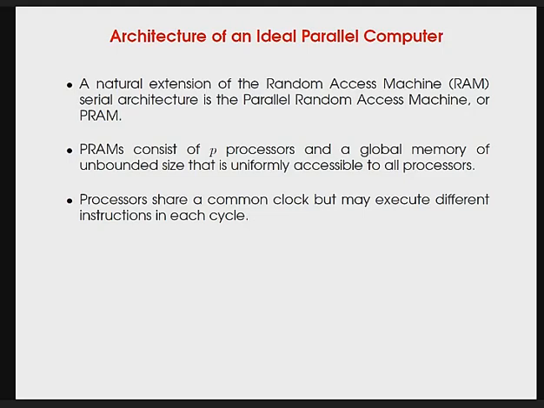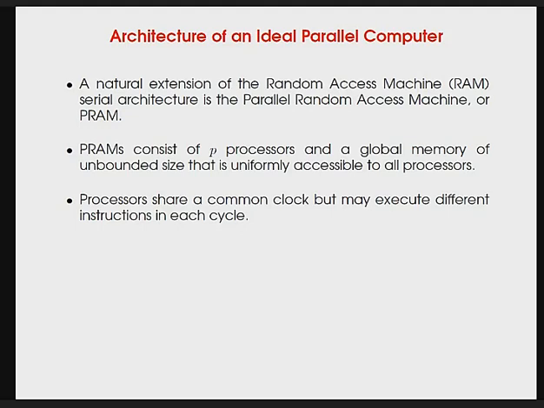Processors share a common clock but may execute a different instruction in each cycle. That's why this model is referred to as a PRAM model, because a PRAM allows concurrent access to various memory locations.